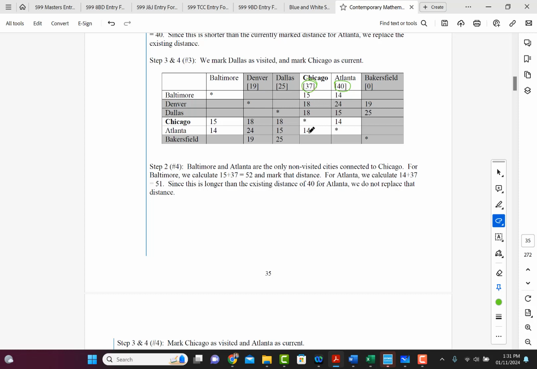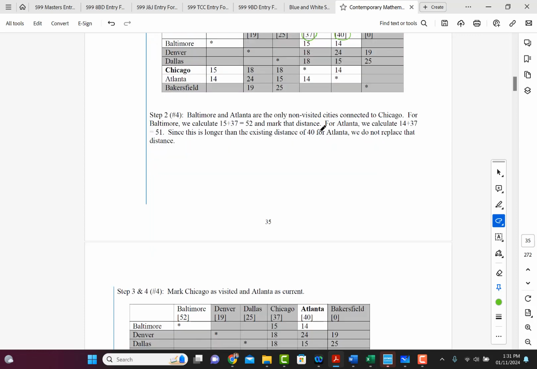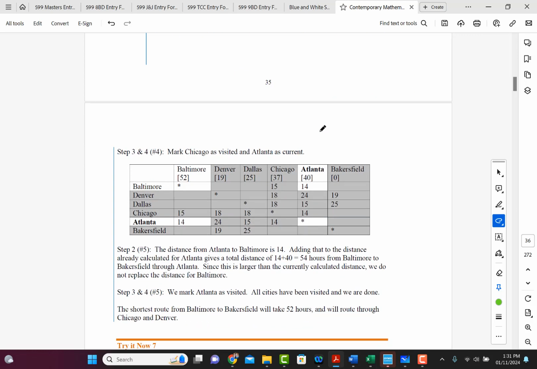Then 14 and 37 is 51, which is longer than what we have for Atlanta, so we're not going to replace that. We're going to leave that as 40. Now we mark Chicago as visited, and this is what we end up with.